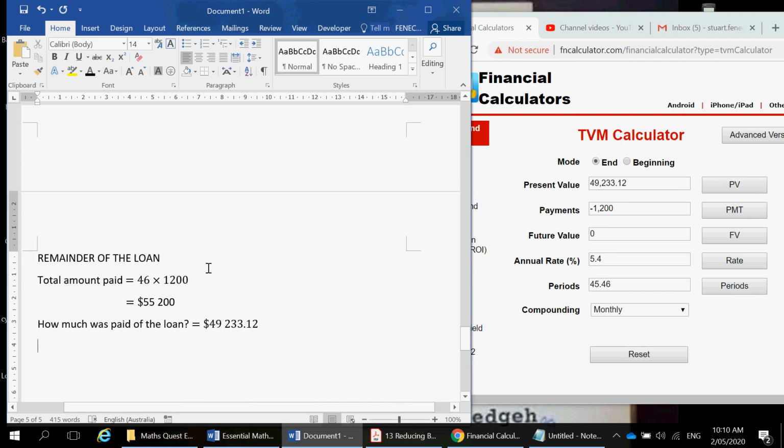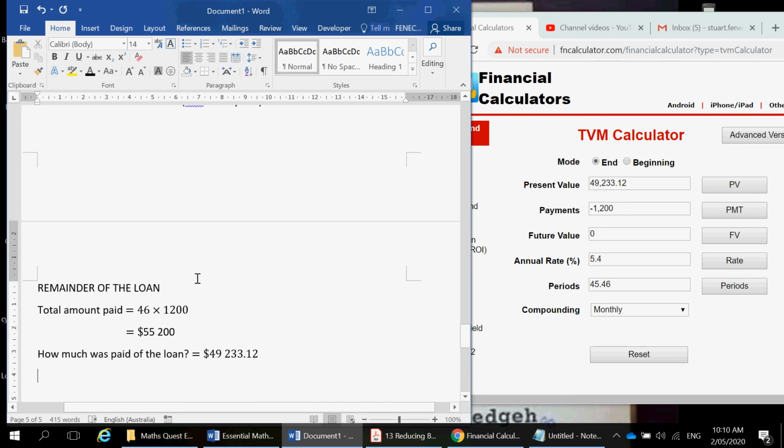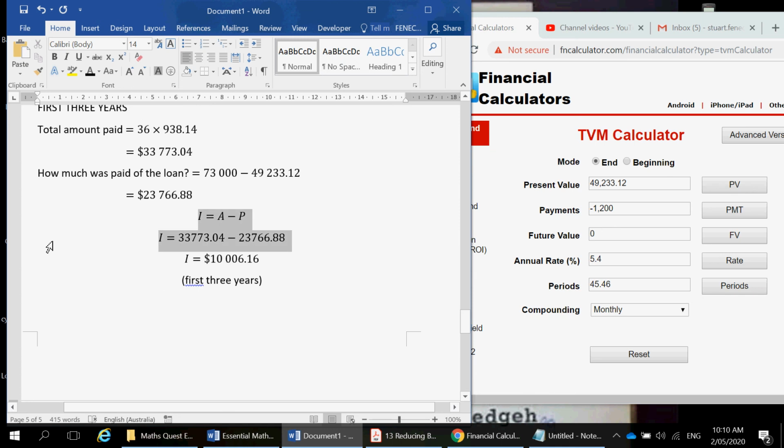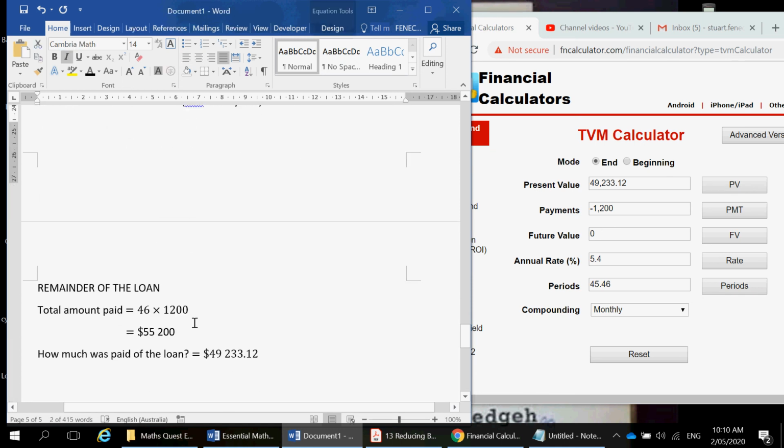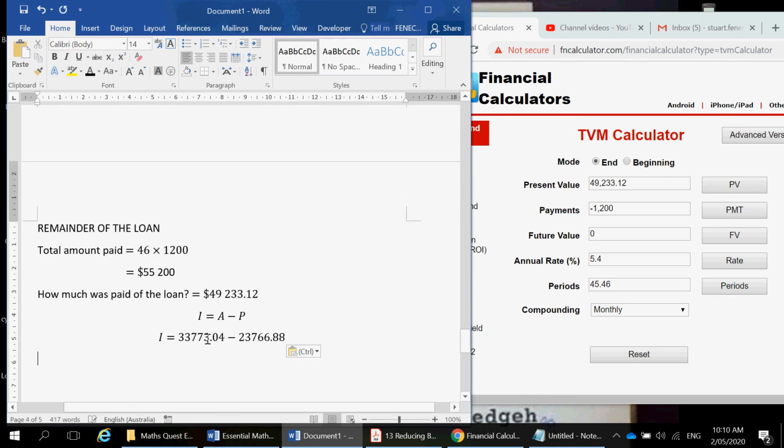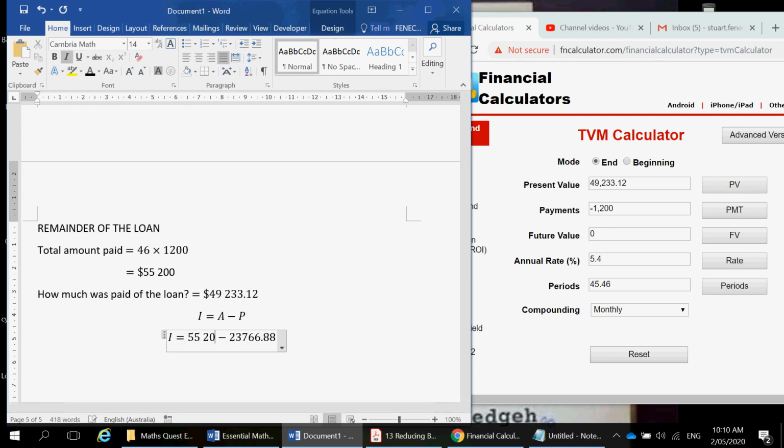All right, and from there, we can use that same principle we did before. Interest is the amount that she's paid, which was in this case $55,200. Subtract the amount that she actually owed. So the interest is the difference between what she's paid and what she actually owed here.